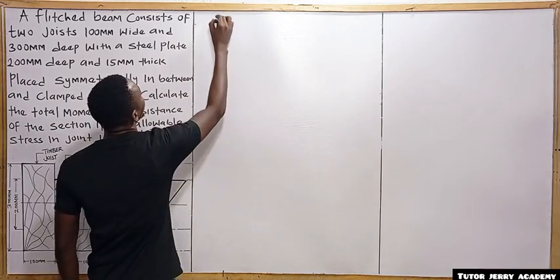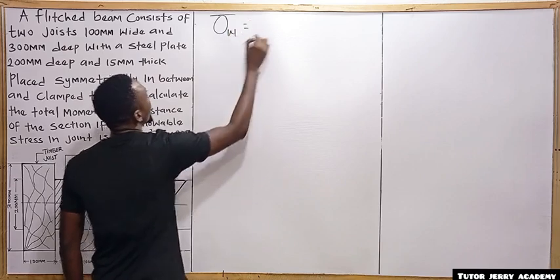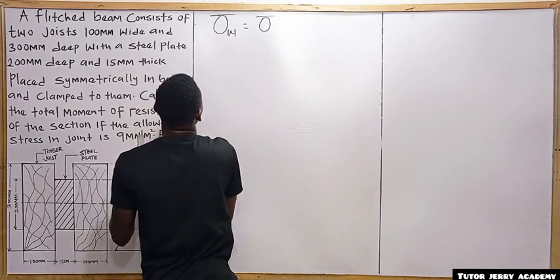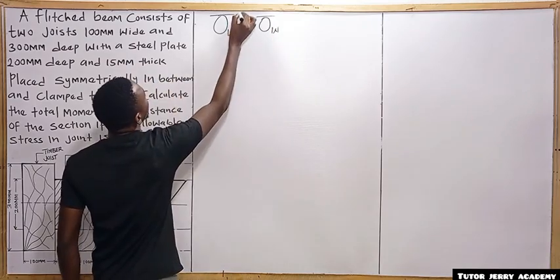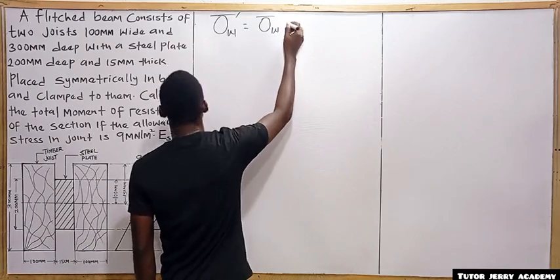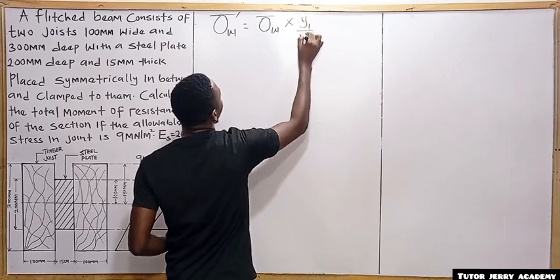We are going to have the stress in the wood at 100 mm equal to the maximum stress in the wood multiplied by y1 over y2.